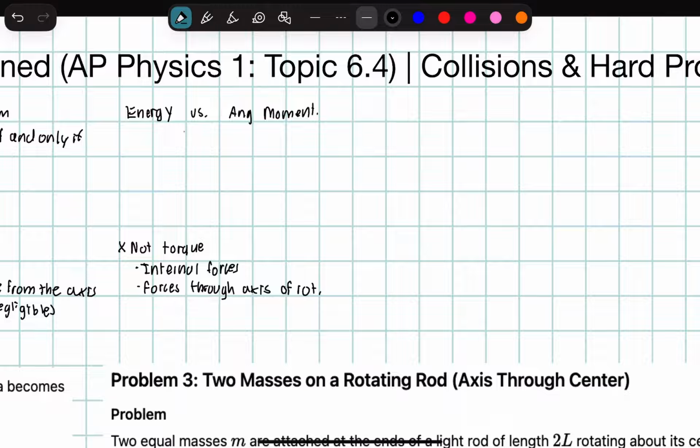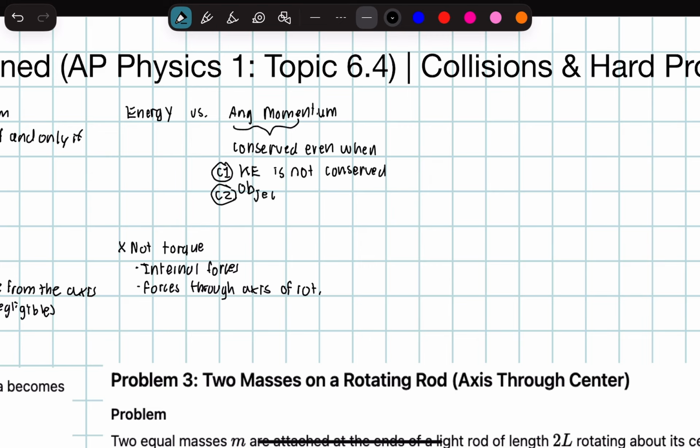Angular momentum is conserved even when kinetic energy is not conserved, and angular momentum is also conserved when objects collide or stick together.